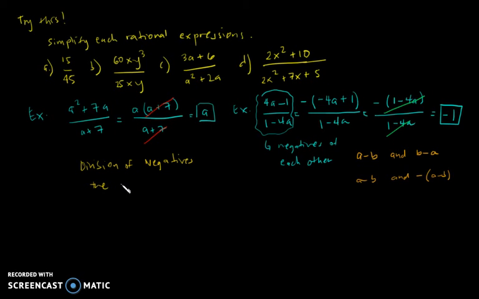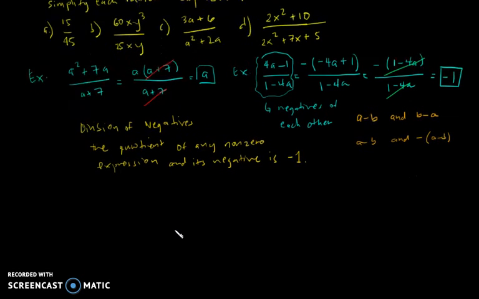The quotient of any non-zero expression and its negative is negative 1. Okay, so let's have some other example.